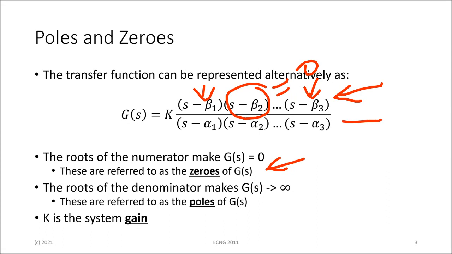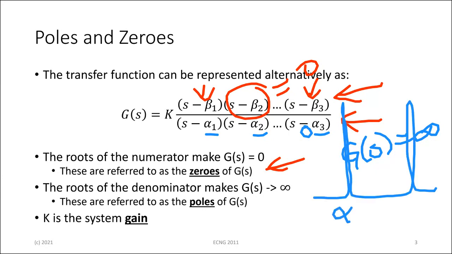These now, on the other side, anytime I set s equal to any one of those alphas, by doing that, I am putting a 0 in the denominator, and it is making G(s) go to infinity. In other words, if you were to watch a graph of G(s), at the point of s equal to any of the alphas here, G(s), whatever it is going to do, is going to try to go to infinity for each of those points.